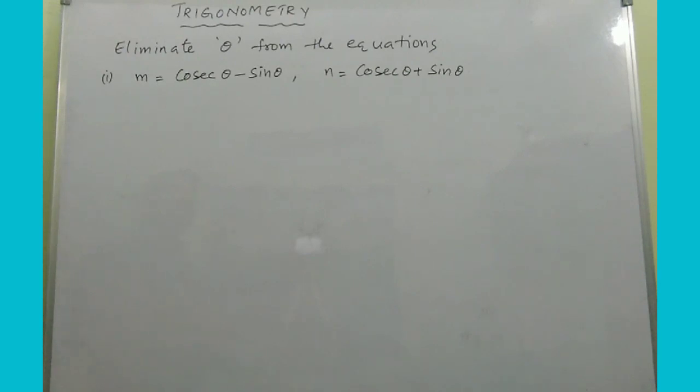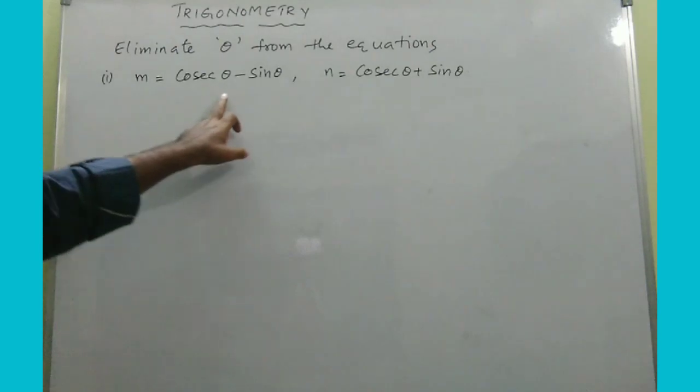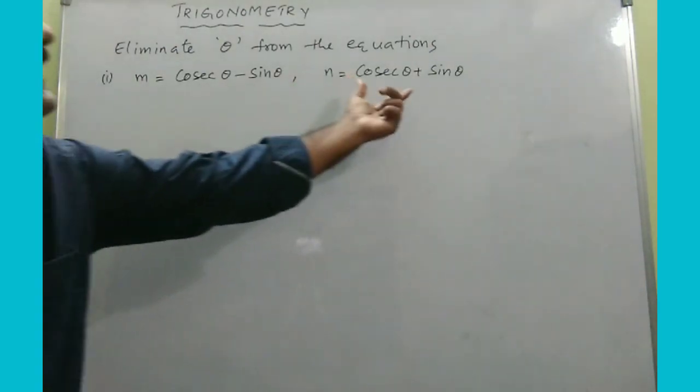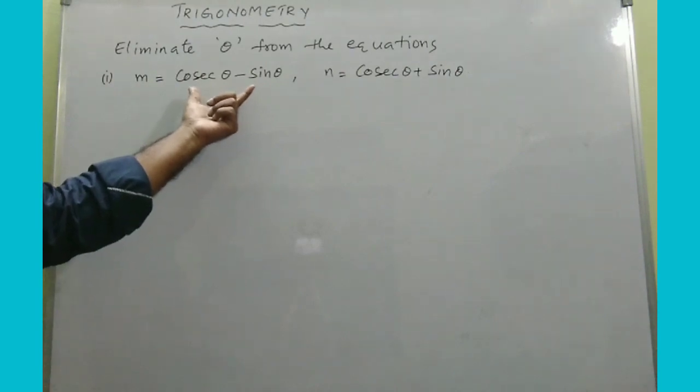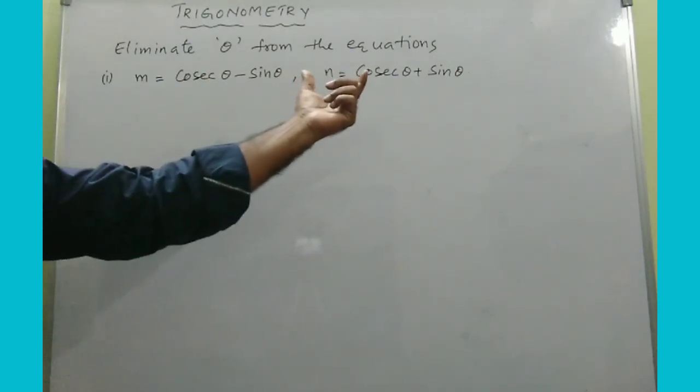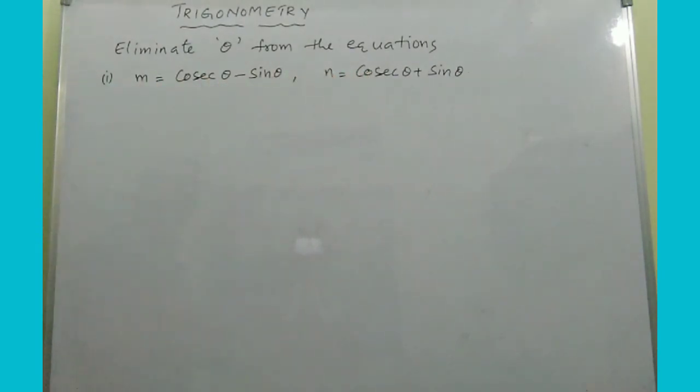Without theta, we need to write a relation. Since when you look at these two, one is like a plus b and another one is a minus b, isn't it? Then when we have a plus b and a minus b, I think we need to square and add, or if not, square and subtract.